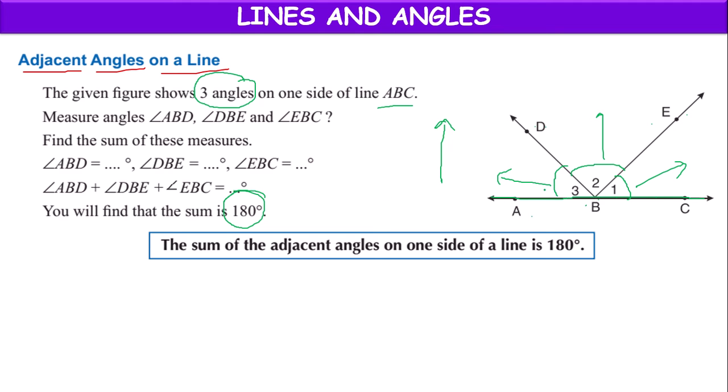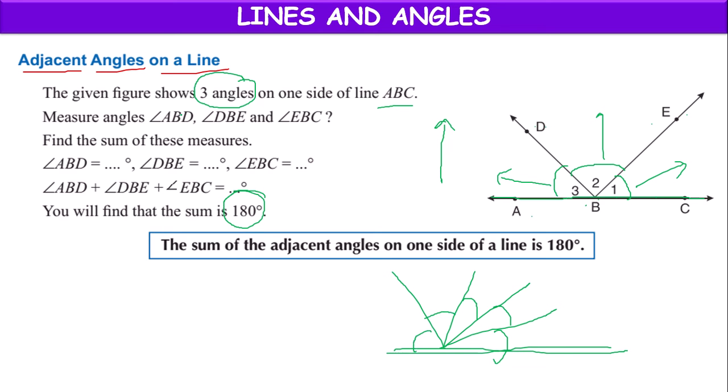Not only this 1 to 3, you can take any straight line and make any number of angles on it. If you measure all the angles, to your surprise, you observe that the sum will always be equal to 180 degrees, whether there are 3 angles, 5 angles, 4 angles, or 2 angles.